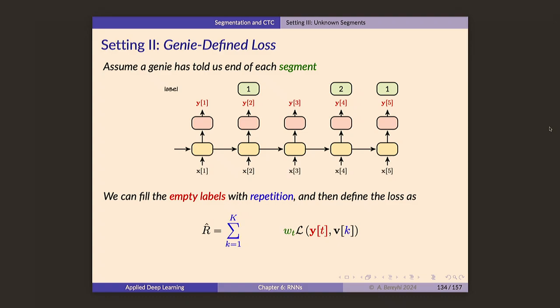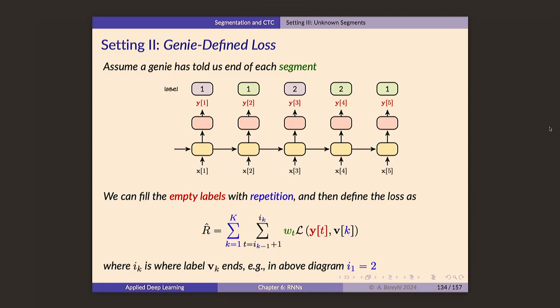So what I can do is copy those labels behind, repeat them, and take everything in this first segment, from the very beginning of the segment towards the point where the genie told me, and label every single one of them with V1, right? And then I compare every single output with that V1, correct?